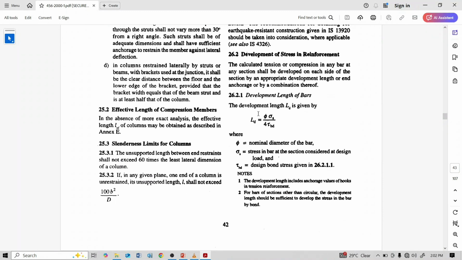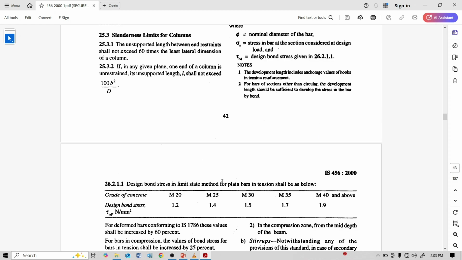Development length of bar, the development length Ld is given by Ld is equal to phi sigma s upon 4 tau bd. Phi is the nominal diameter of bar. Sigma s is stress in the bar at the section considered at design load. Tau bd is design bond stress in 26.2.1.1.